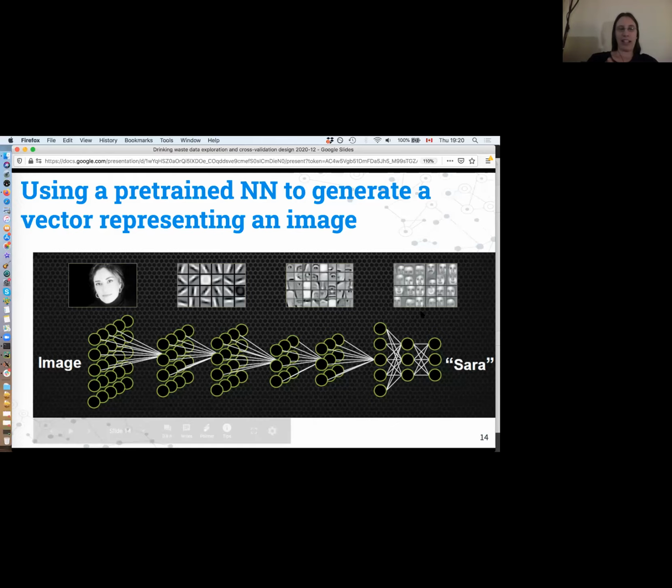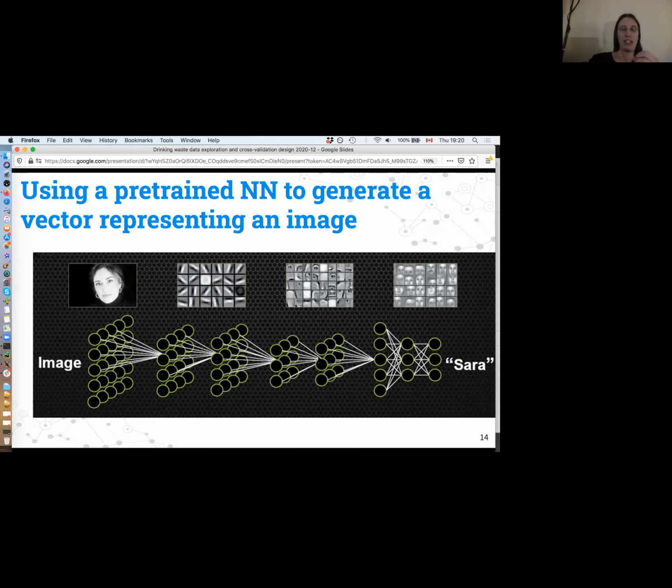By the end of the network, you can say, this is a picture of Sarah. At each step, as data propagates up to the right, you get a more abstract representation of what is in the image. This representation is just a bunch of numbers, and if you roll them out into a flat row, you can call that a vector.